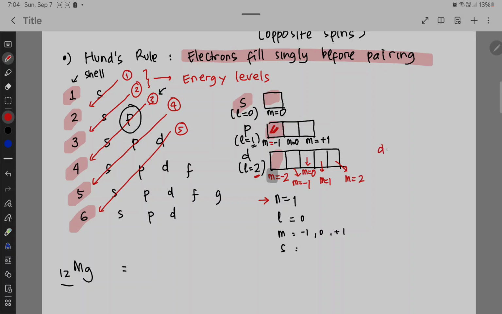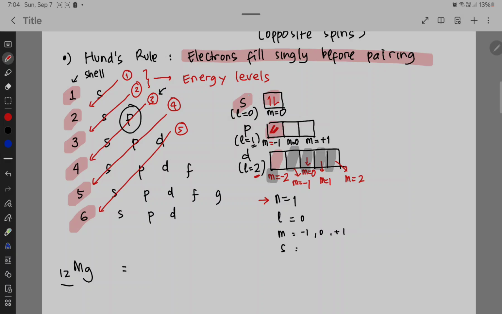So the number of orbitals ranges from negative l to positive l. There are 5 orbitals here, and each orbital holds a maximum of 2 electrons.